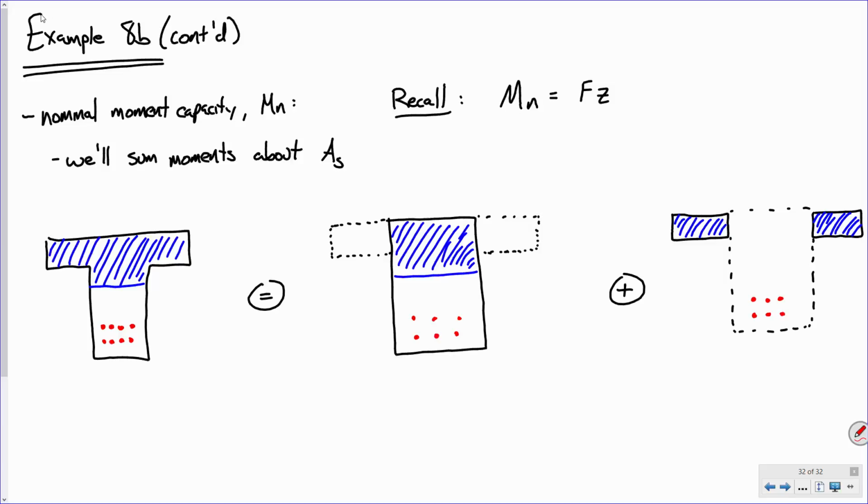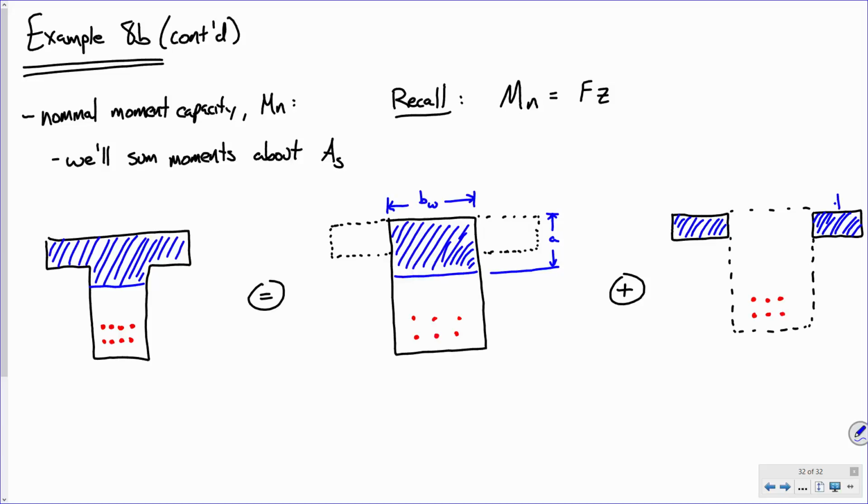Let's put a little bit of dimension on our stress blocks. You all help me out with this. What is this dimension right here called? A, that's a. This dimension: b_w. Everybody okay with that? What about this dimension?